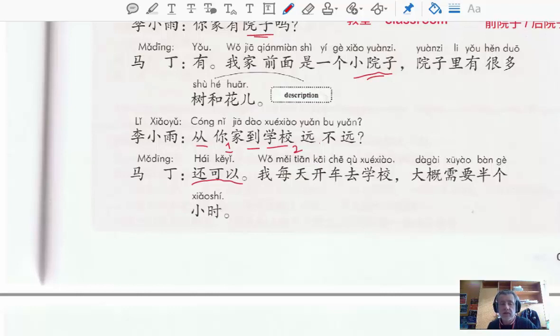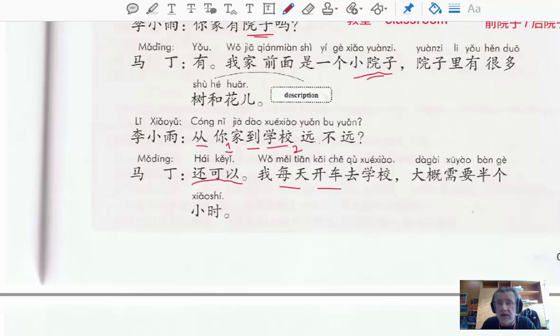还可以. 我每天开车去学校. So we know 每天 means every day. 开车 means to drive. 开, as we know, we've now come across it in a couple of different situations. One is 开门, so, open the door.